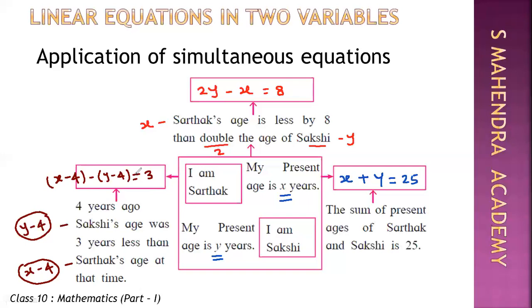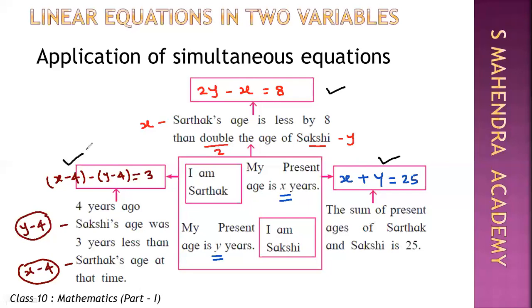So in this way we can find the equations for the given conditions: x plus y is equal to 25, 2y minus x is equal to 8, and (x minus 4) minus (y minus 4) is equal to 3.